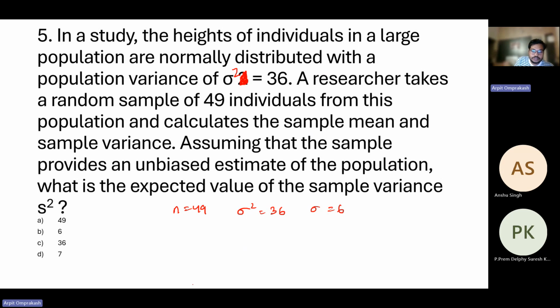So S square being an unbiased estimator means the expectation of S square will be equal to sigma square, the population variance, which is given in the question as 36. So the answer here will be 36.